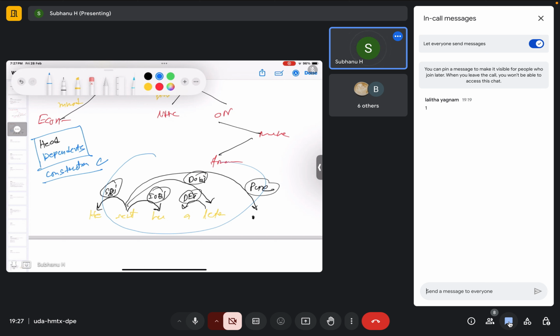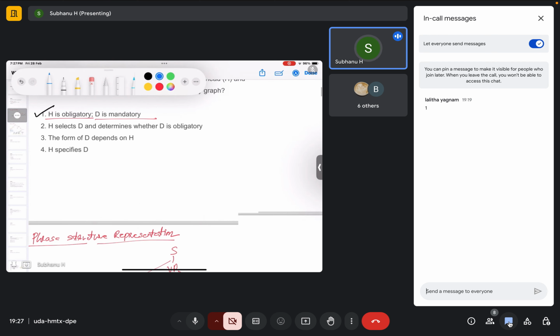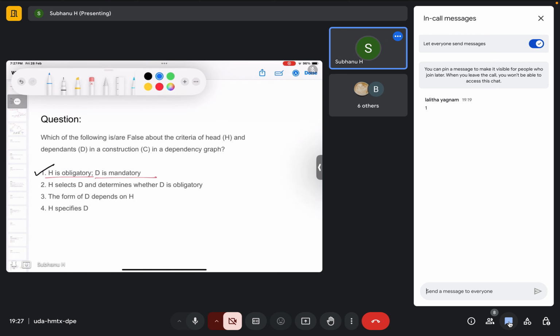Fine. Now our question was which of these are false statements. Every construction must have a head. That's why the head is considered obligatory.